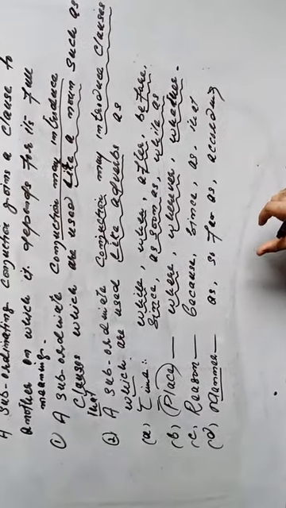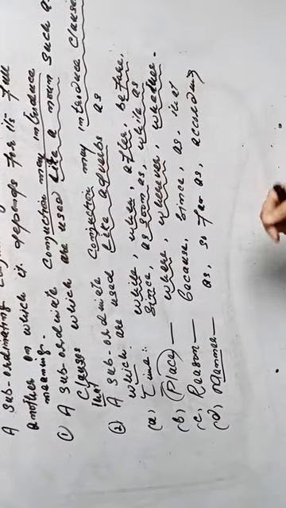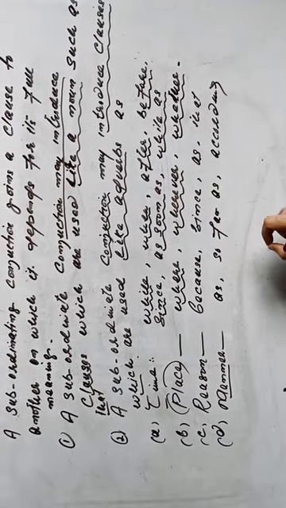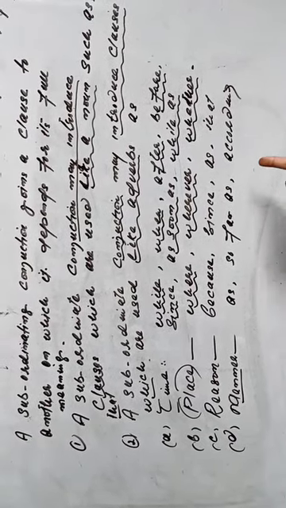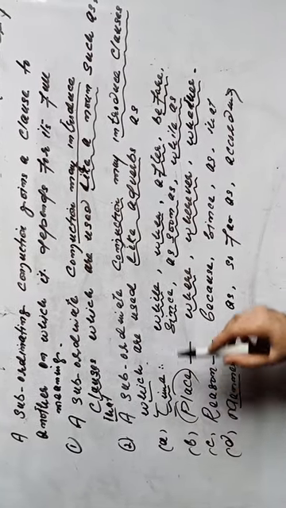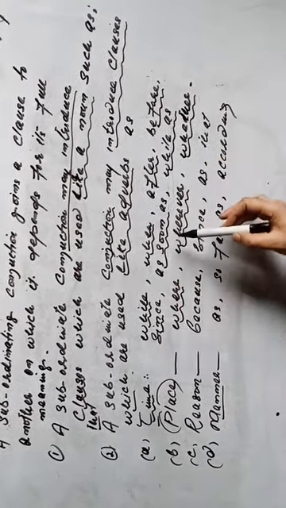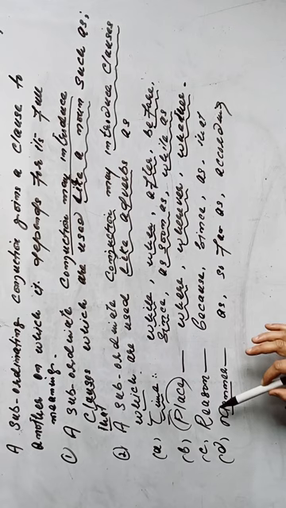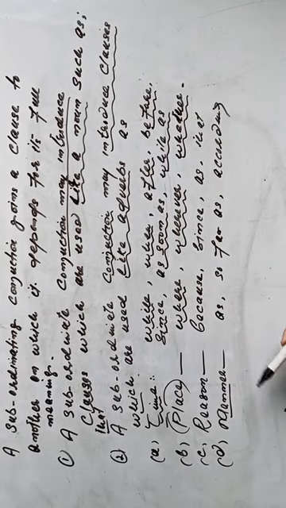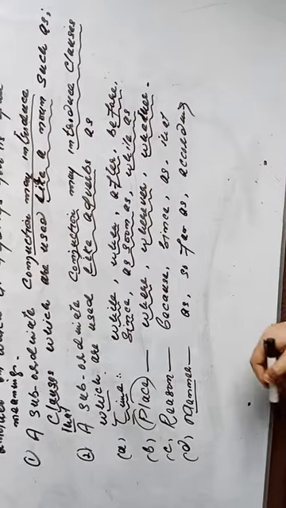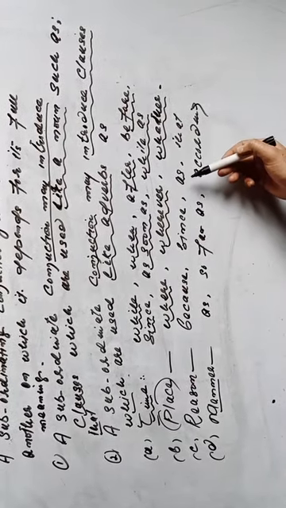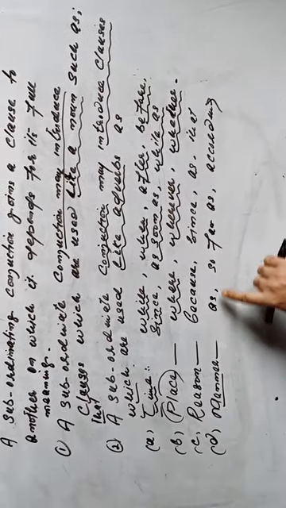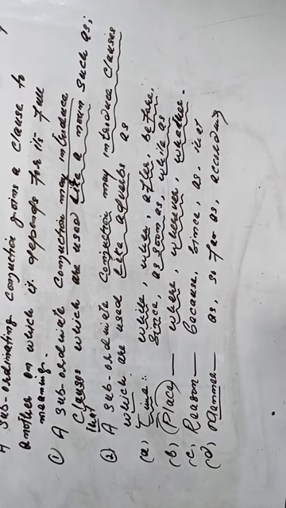I'm giving you the list where you can pick it quite easily. If it's talk of time, we do have while, when, after, before, since, as soon as, while as. Place: where, wherever, whether. Reason: because, since, as, that. Now manner: as, so far as, according.